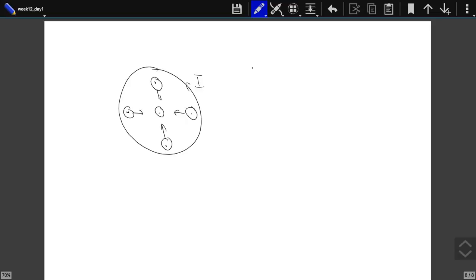Now let's see the direction of the induced E field, which is B cross V. At this point, B is towards you, V is towards the center, so B cross V is downward. So this is the direction of the induced electric field.